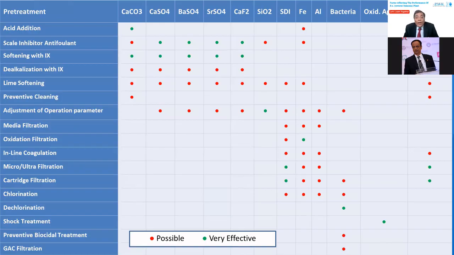Now, I'm just sharing a data sheet with you on pre-treatment: at what time, what is the requirement, and how to handle any contamination through pre-treatment. Suppose on the pre-treatment option, acid addition.